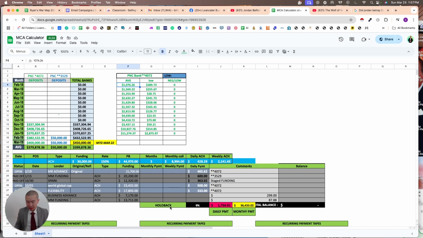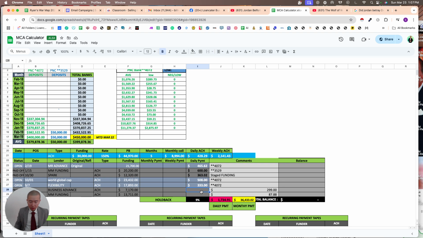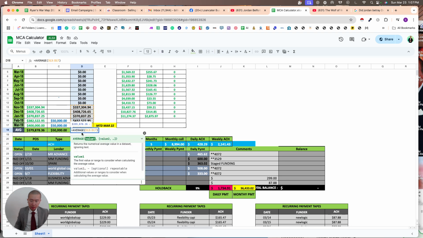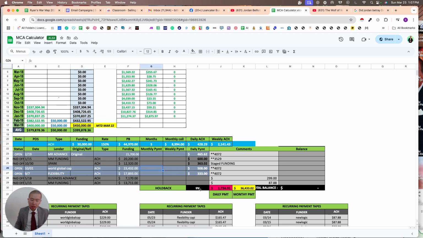The other part I'm looking at is the total holdback. And that basically is your average deposit divided by your total monthly payments across the 4 MCAs he has, right?